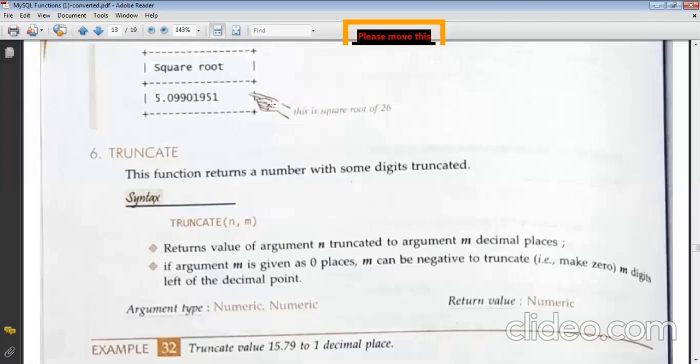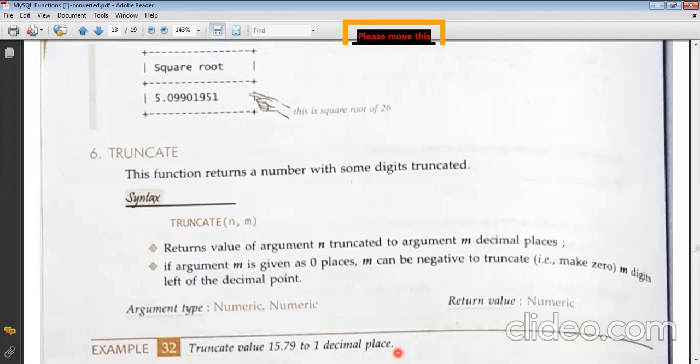The question we have is: truncate value 15.79 to 1 decimal place. So tell me the query to write for this. Select truncate 15.79, comma 1.